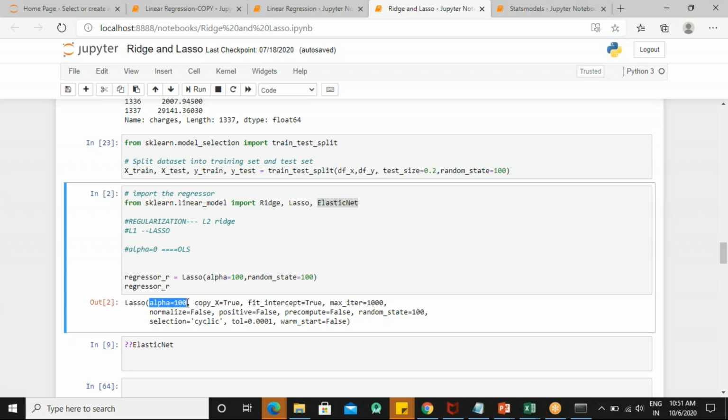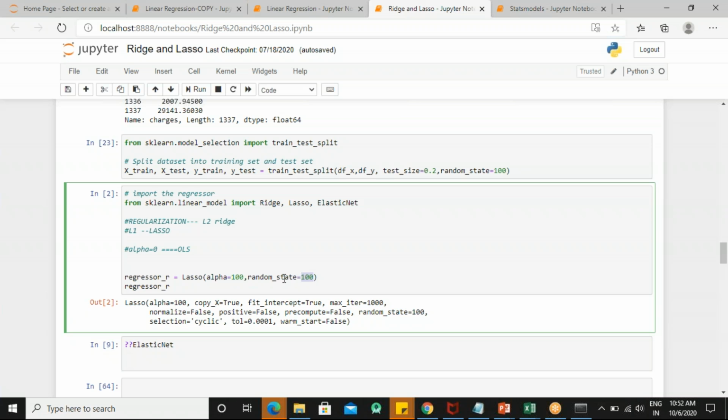I will show you. But remember, this is the penalty, the model penalty, the regularization penalty, whatever you want to say. Max iteration, which is another important thing. Okay. And random state. Random state as in what? Set.seed, right? You do set.seed.